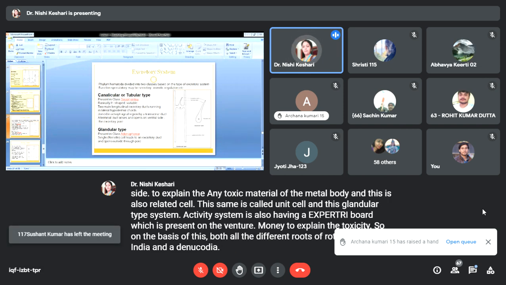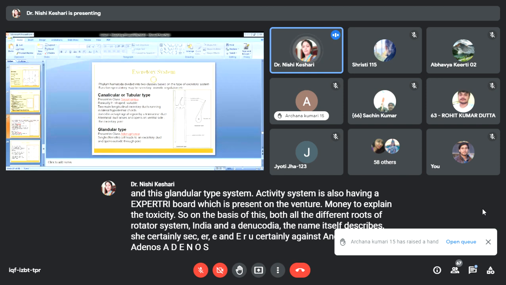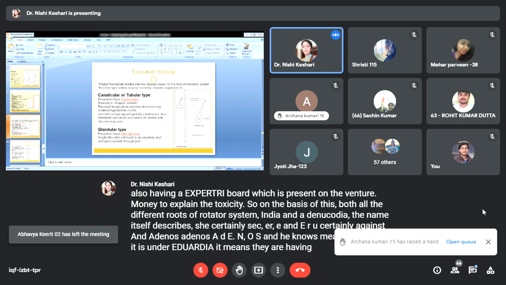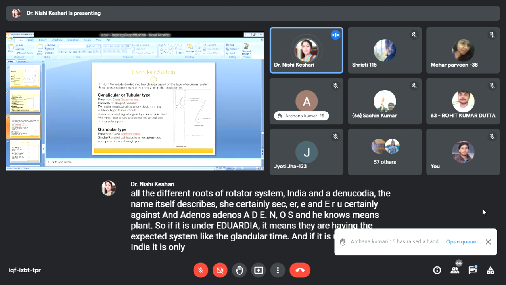The name itself describes it. Secernentea means tubes, and adeno means gland. So if it is under Adenophorea, it means they have the excretory system of glandular type. And if it is under Secernentea, it has the canalicular type of excretory system.